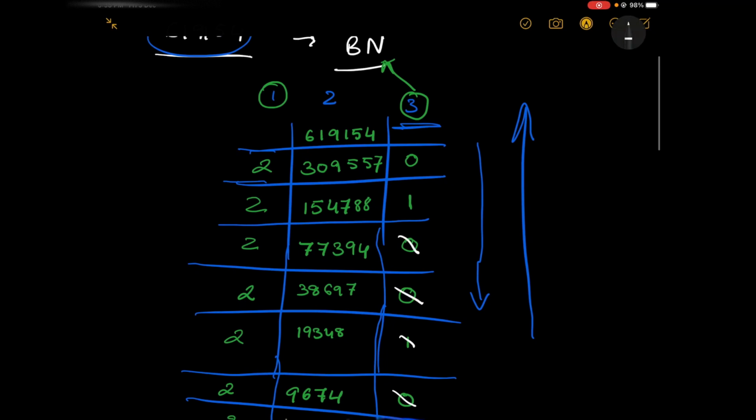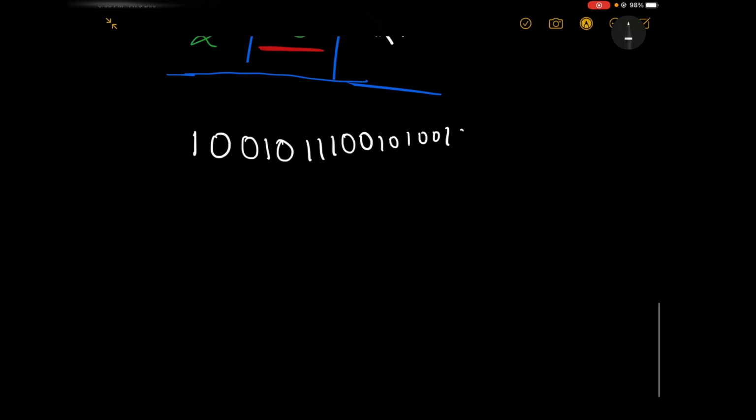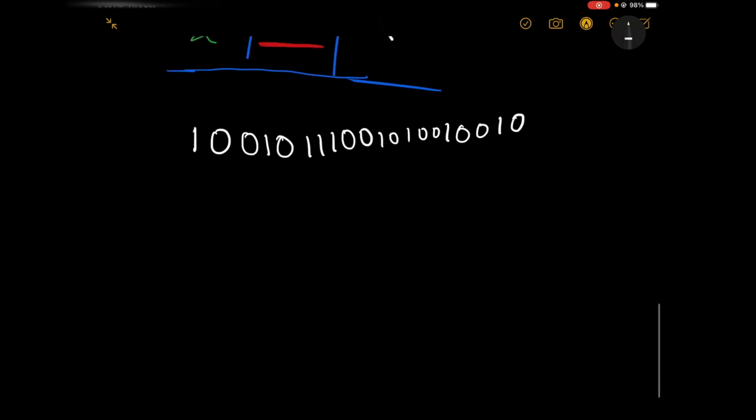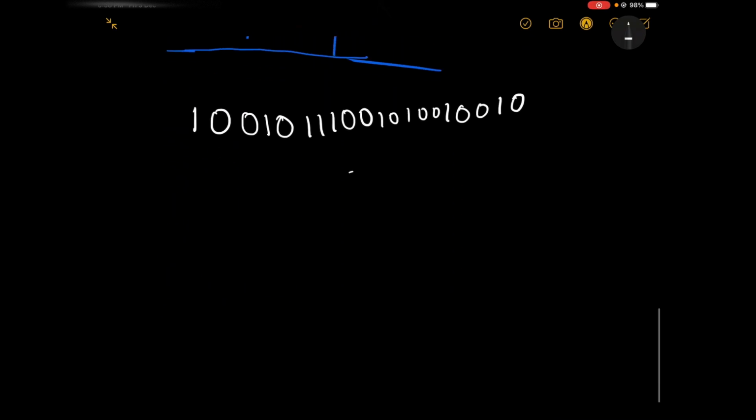Now 0 0 1 0. Again we have 0 0 1 0. So this is the binary number for 619154. This whole long number.